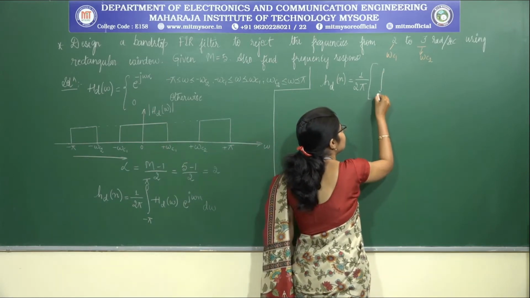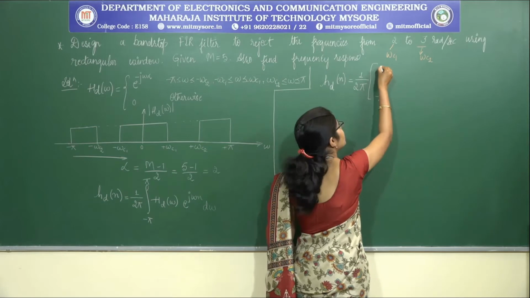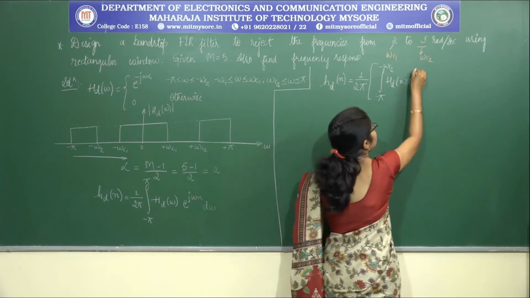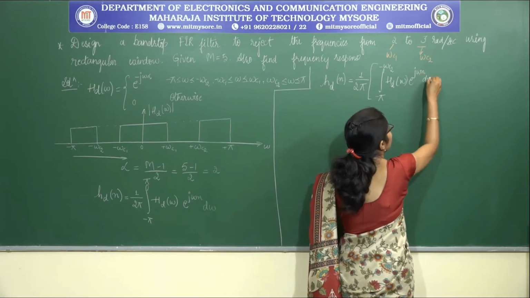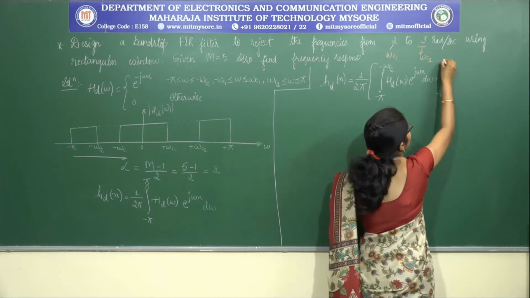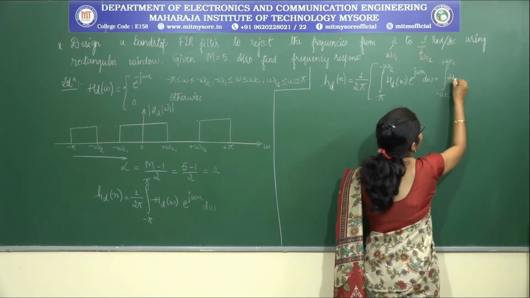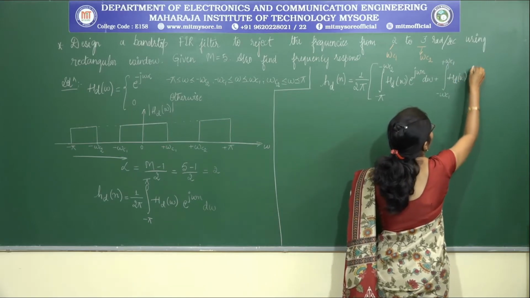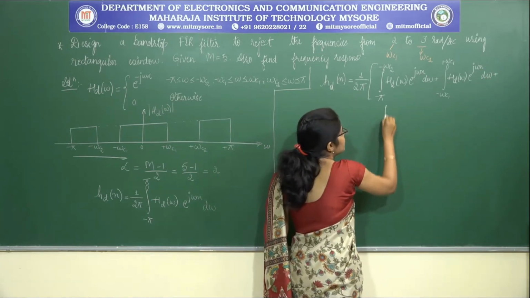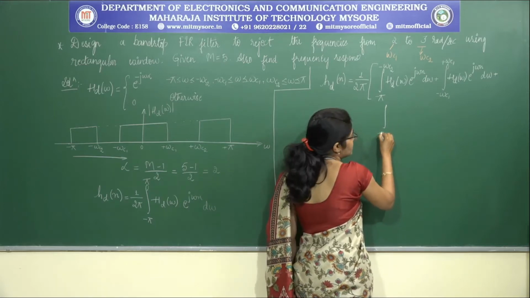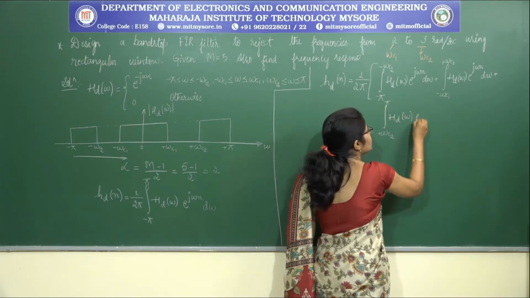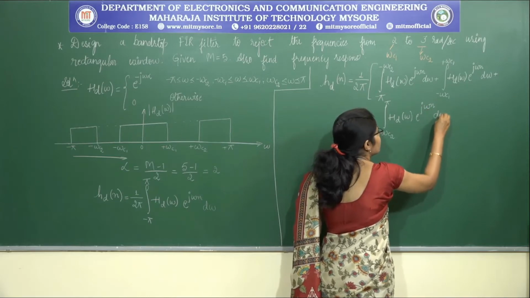That is, integral from minus pi to minus omega C2 Hd of omega into e power j omega n into d omega, plus integral, the second integral limit should be minus omega C1 to plus omega C1, Hd of omega into e power j omega n into d omega, plus the last integral is from plus omega C2 to pi Hd of omega into e power j omega n into d omega.